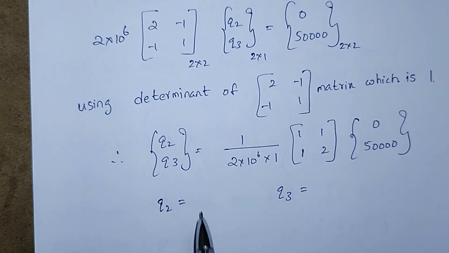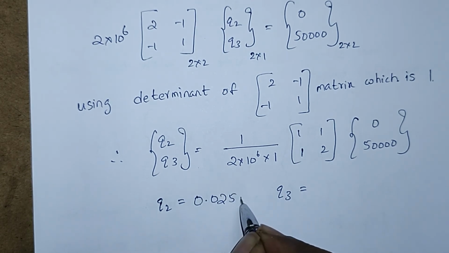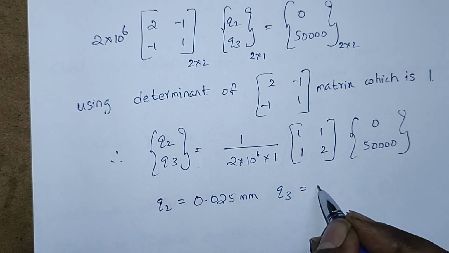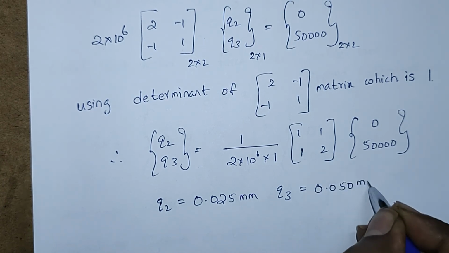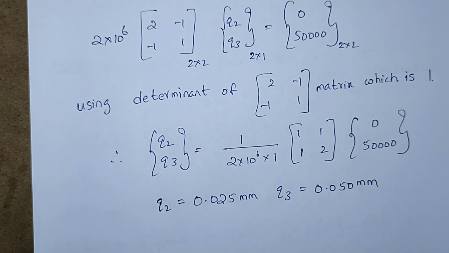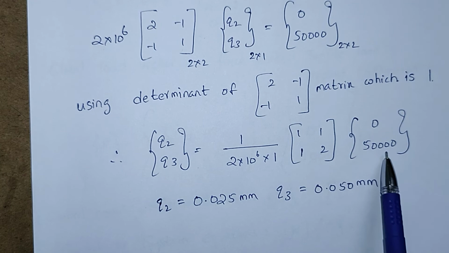Okay, so how are we getting the value of q2? It is 0.025 mm and q3 is 0.050 mm. So how are we getting this? It is 0, so whatever the leftover, it is 50,000.